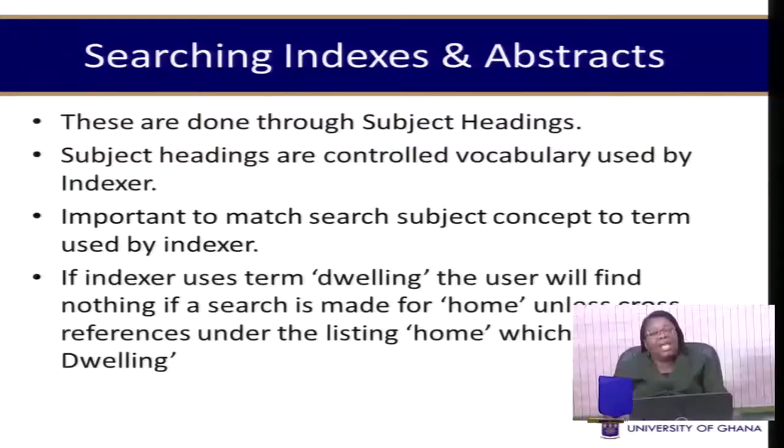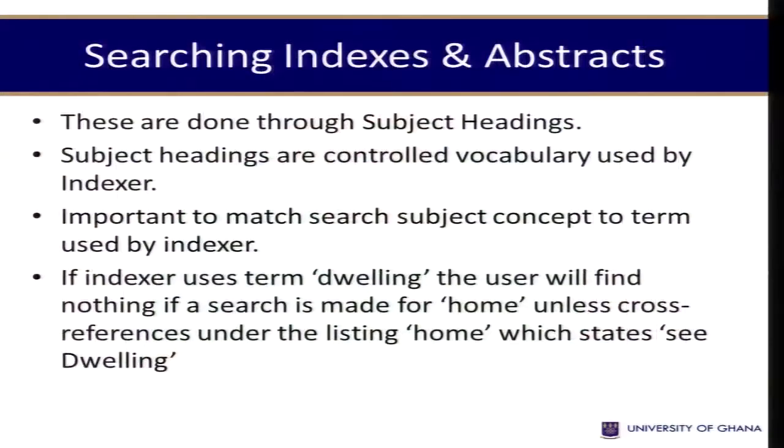They provide the heading and they provide other index terms for you to be able to find the information you are looking for. So the indexer provides a subject heading, and then he provides a number of terms so that when somebody is looking for information, he can get at least one of those terms to use.